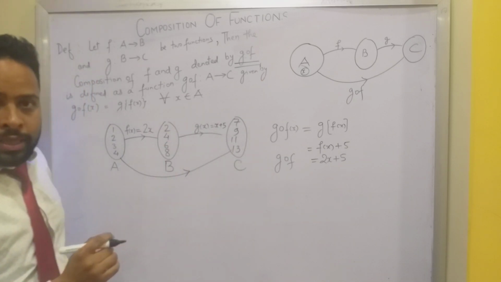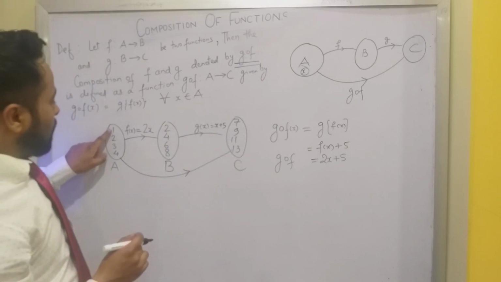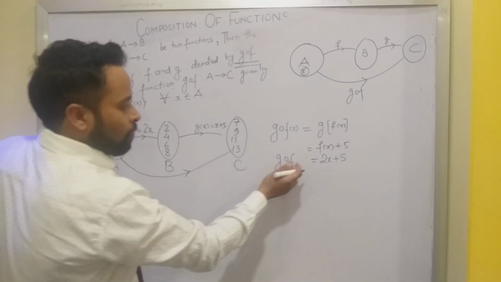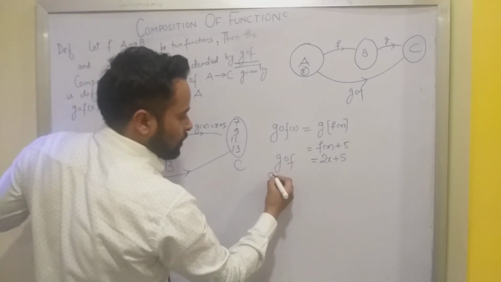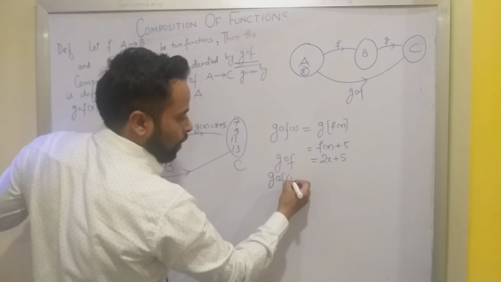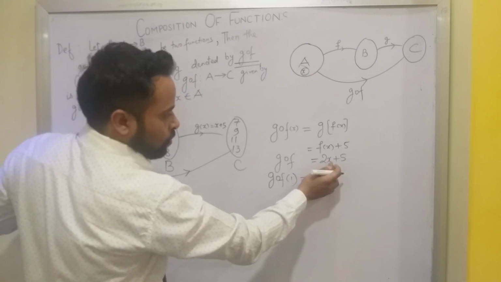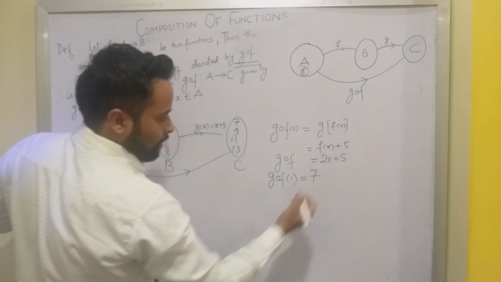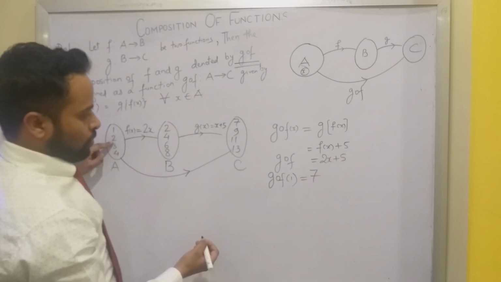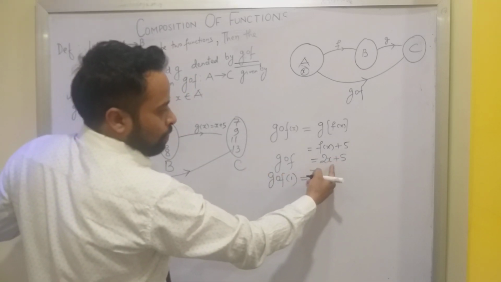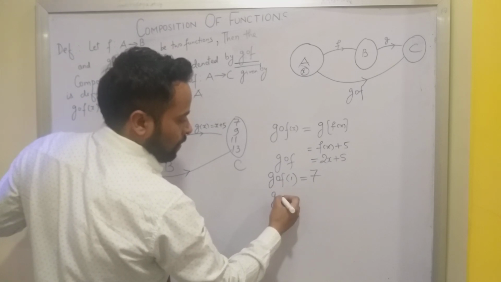Let us check whether it is correct or not. If I write gof of 1, what do I get? 2 into 1 is 2, plus 5 gives 7. gof of 2: if I put 2, 4 plus 5 gives 9.